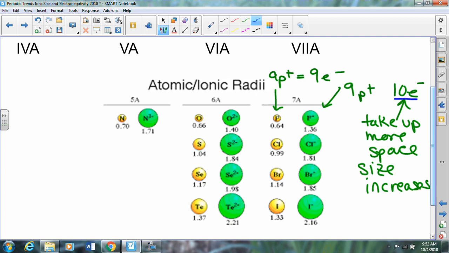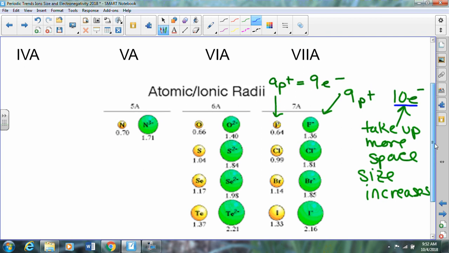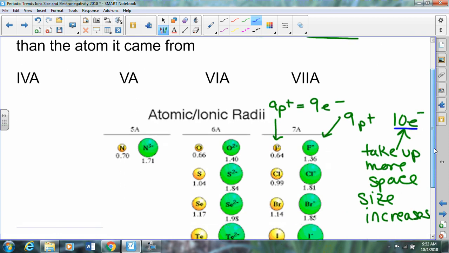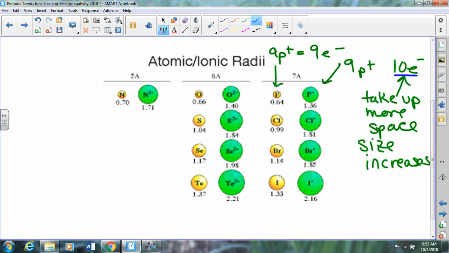This is a nice visual where it shows you that the nitrogen, which gained 3, is really quite a bit bigger. The oxygen, which gained 2, is quite a bit larger. And the fluoride, which has gained 1, is quite a bit larger.